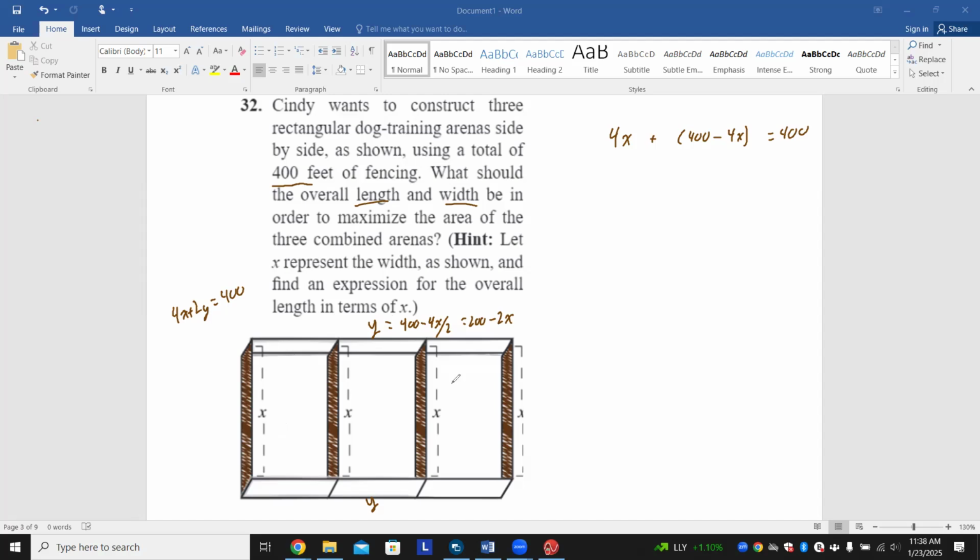And the area, if we're saying this is 200 minus 2x, we divide that by 3, times x, you need each one of these little sections. Or do I want the total area with each one inside? Hmm.